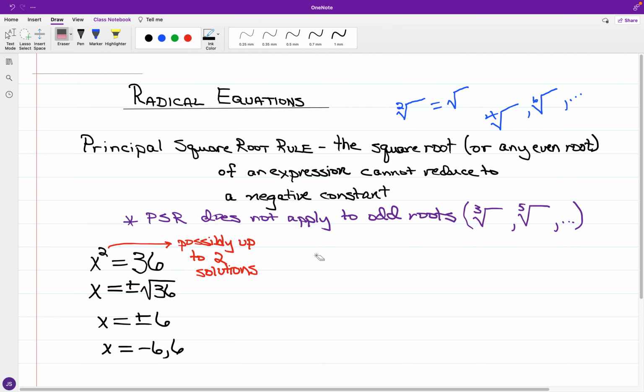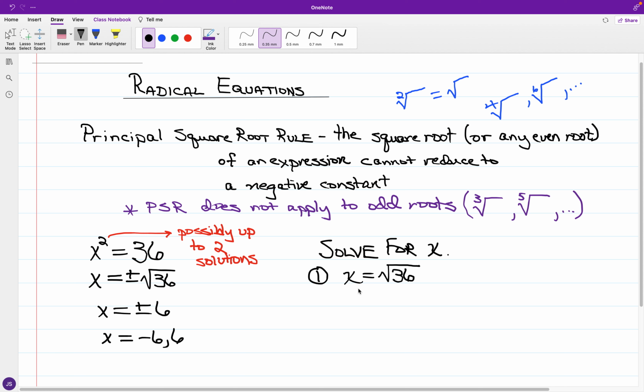But now let's say we start out with radical equations, solving for x. If I had started out with x is equal to the square root of 36, now we have a conditional equation.